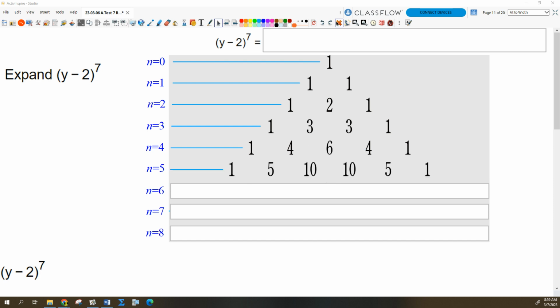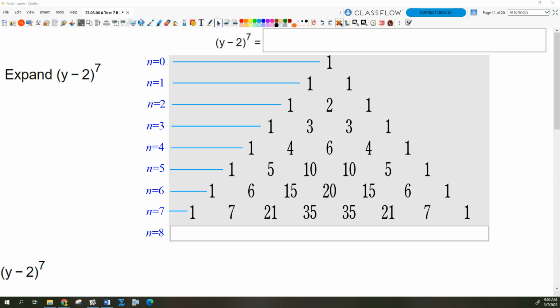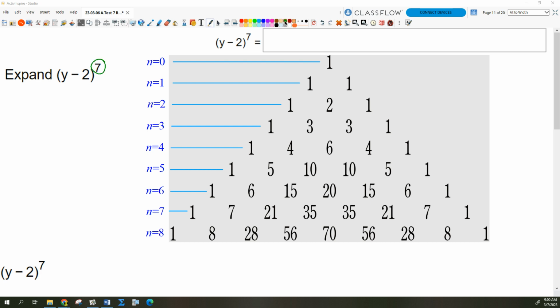And then 1, 6, 15. There you go. Good. And then all we need, we'll just do these last two, I guess. We just need row 7, don't we? Because we're doing y minus 2 to the 7th. So this is the row we need right there.